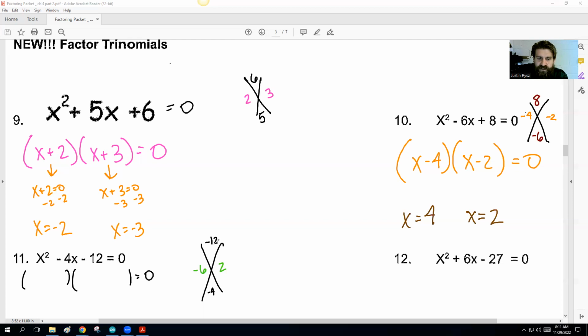Negative 6 times 2 is negative 12. Negative 6 plus 2 is negative 4. So we got an x minus 6 and an x plus 2. So once again, going with our solution rule here, what's the opposite of minus 6? That would be a positive 6. 6 minus 6 would give us 0. And the opposite of positive 2 would be a negative 2. Negative 2 plus 2 gives us 0.